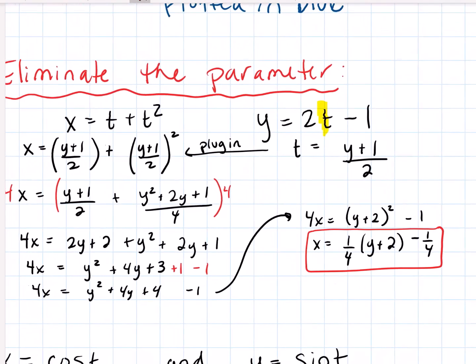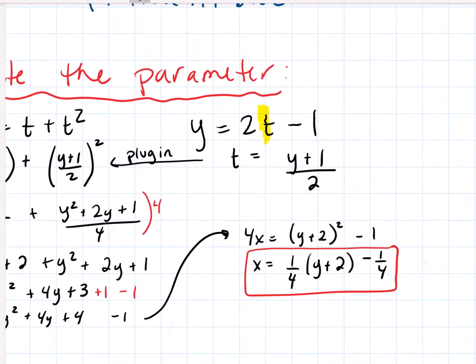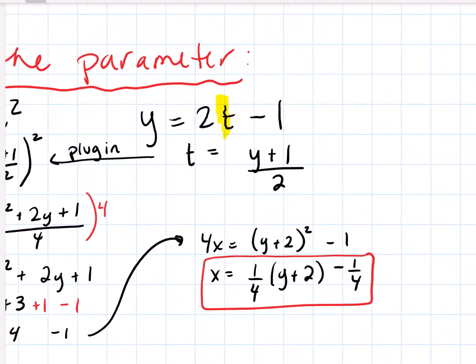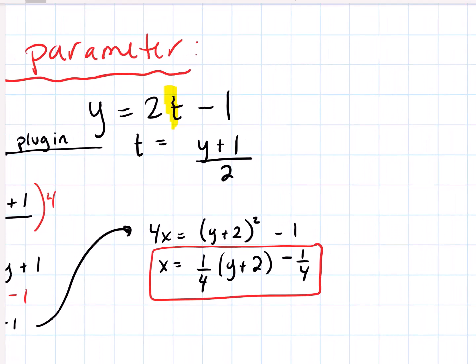We had this version of it up above, but this is in a really nice form, and if I were to want to graph that, it's a great form. Going back into conic sections and parabolas, we can identify from that form that this is definitely a parabola that opens to the right.